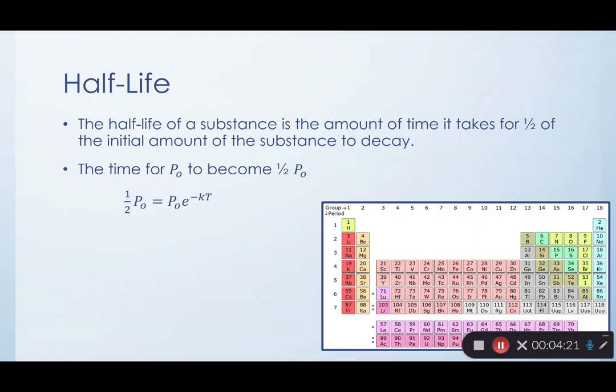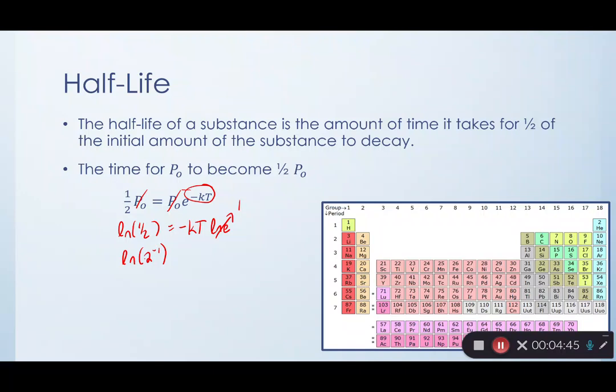of P0. And so same story as before, we can say, okay, great, I can cancel out my P0s. I can take the natural log of both sides. So the power is going to come around front, so negative kt ln e, but that's equal to 1. Now, ln of 1/2 is the same as ln of 2 to the negative 1, right?